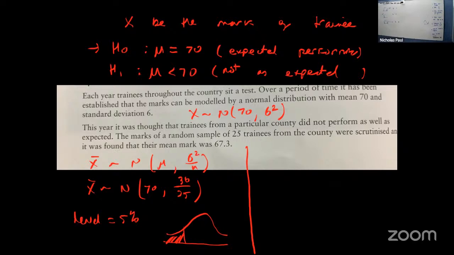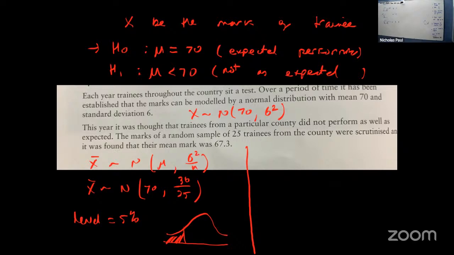Okay, let's state our rejection region now. You'll have to go to a table, right?